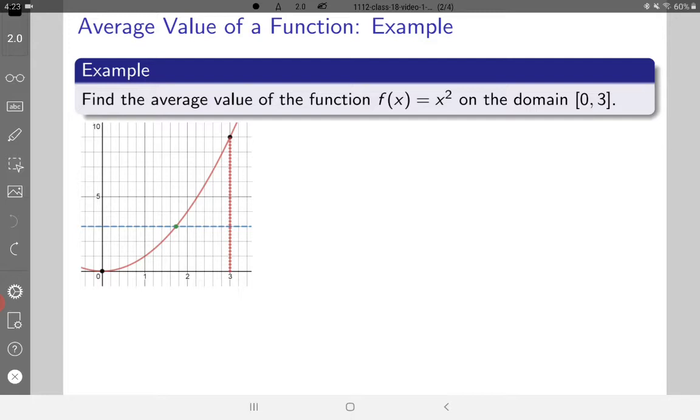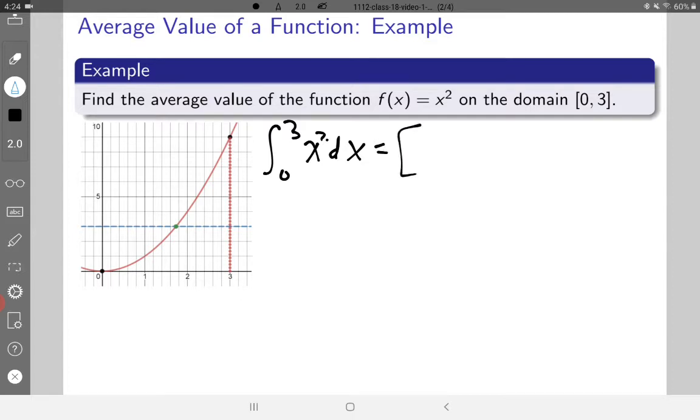You can see that graph on the left for reference. To find the average value, I would have to set up an integral. I'm going to integrate this function between the endpoints of 0 and 3. And I'm going to apply the power rule to get an antiderivative. In this case, 1/3 x cubed, going from 0 to 3.